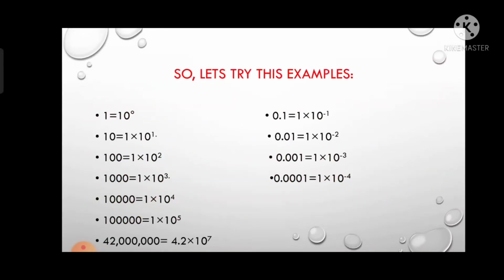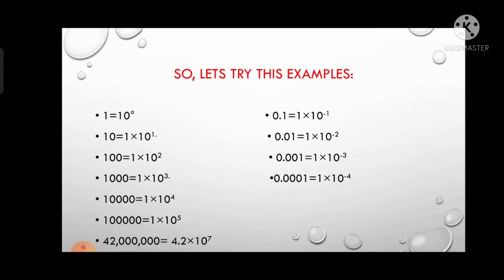So, next, let's try this example. 1 is equal to 1 times 10 to the power of 0. Next, 10 is equal to 1 times 10 to the power of 1. 100 is equal to 1 times 10 to the power of 2.